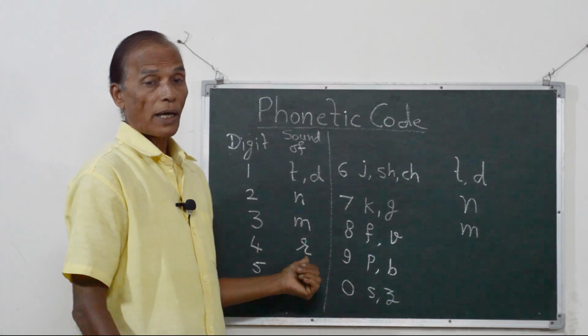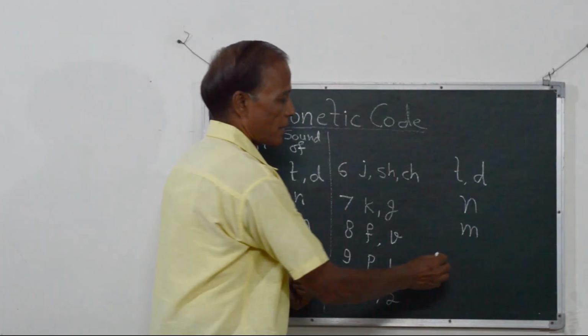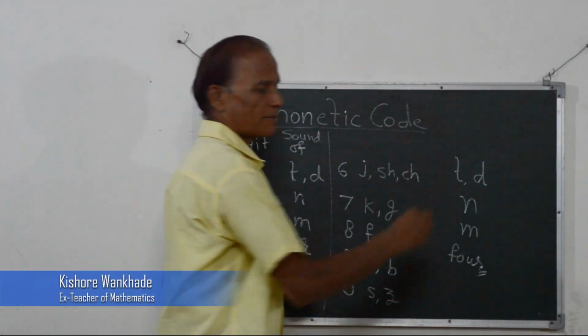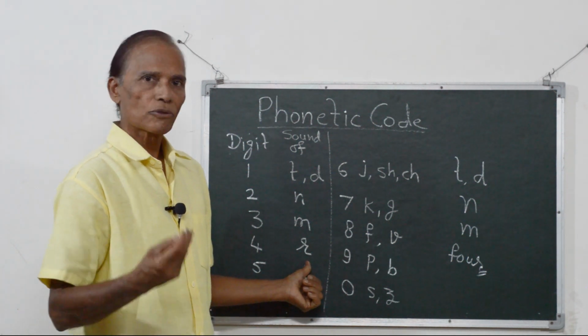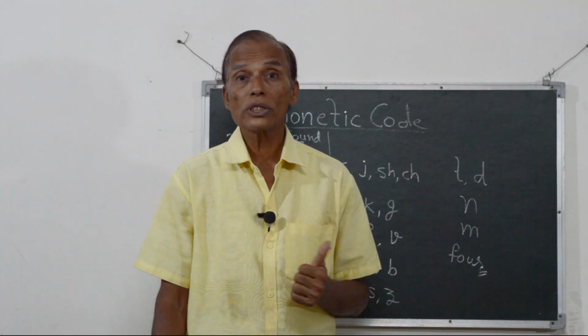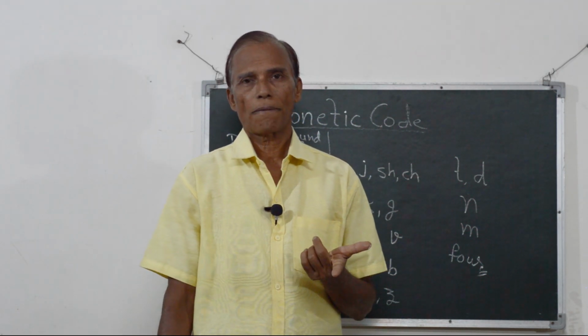Then 4, R is used for 4. In fact, the last letter in the spelling of 4 is R. So R is used for 4. For 5 we use L. You can remember it in this way.